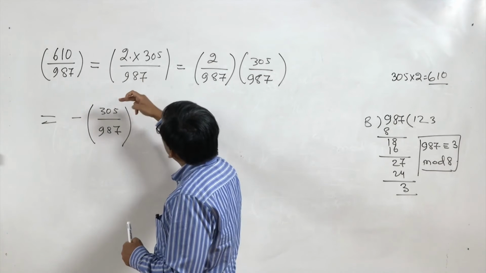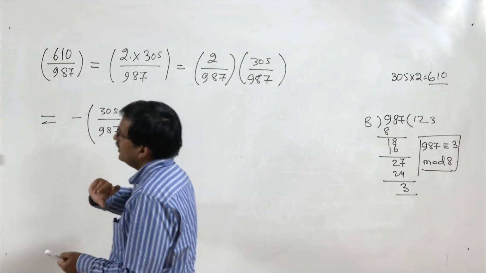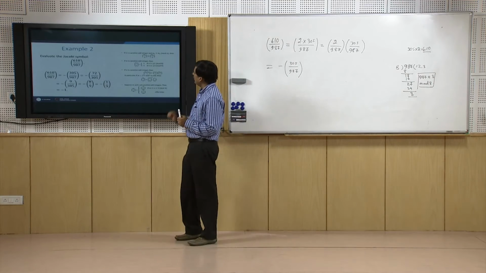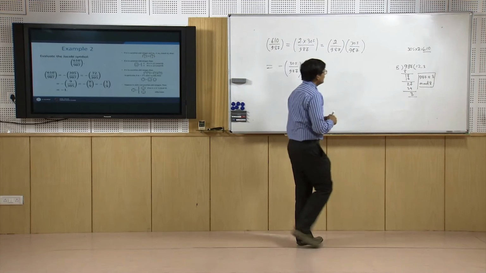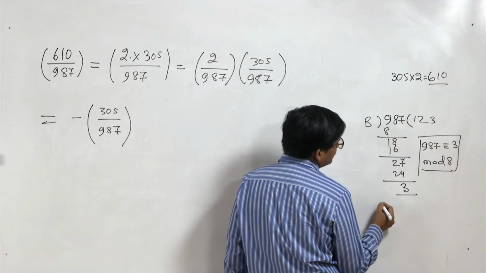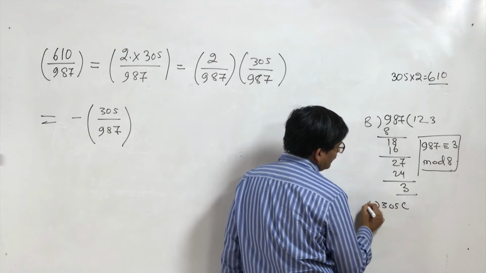Now, we see that 305 is odd and 987 is also odd. So, we can directly use the reciprocity law, but we have to check which of these rules are satisfied by 987 and 305. So, we divide 305 by 4.